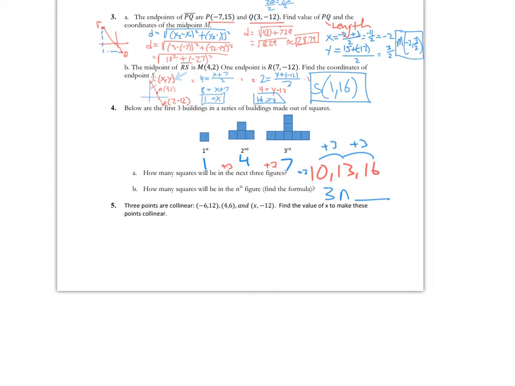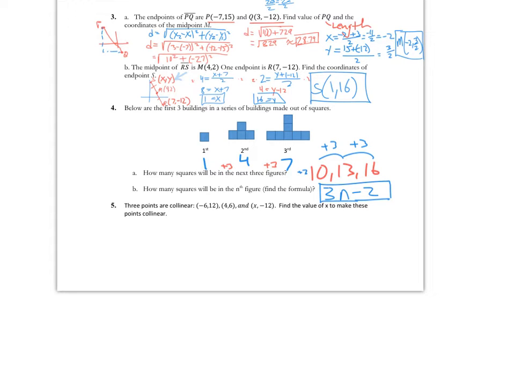Okay, and if we test this out, 3 times 1 is 3, but we want 1. So we're going to have to subtract 2, actually, right? 3 times 2 is 6. Subtract 2 to get 4. 3 times 3 is 9. Subtract 2 to get 7. All right? So it's going to turn out to be 3n minus 2.